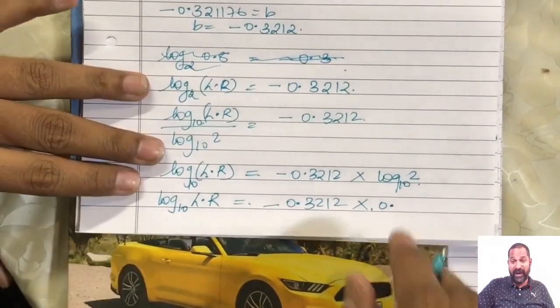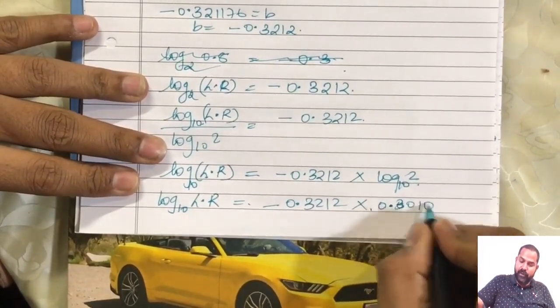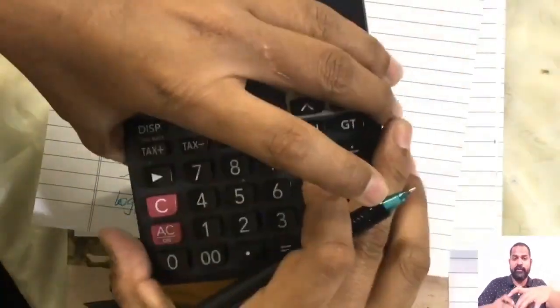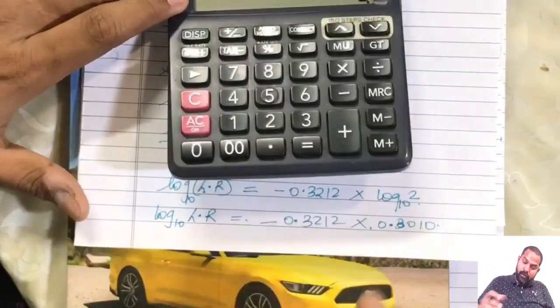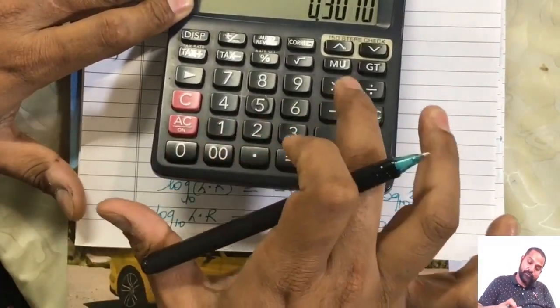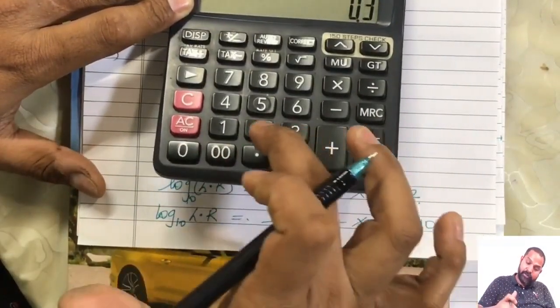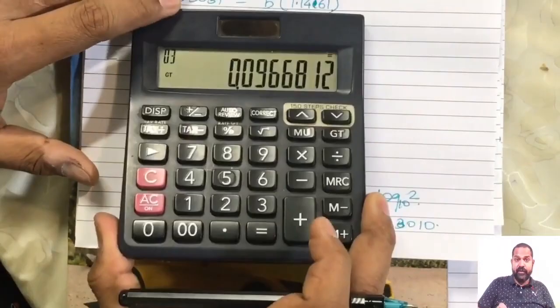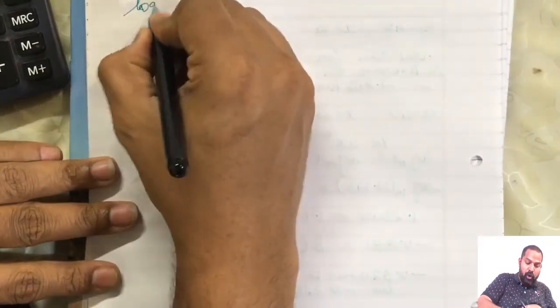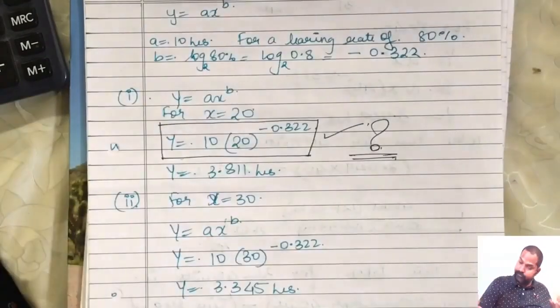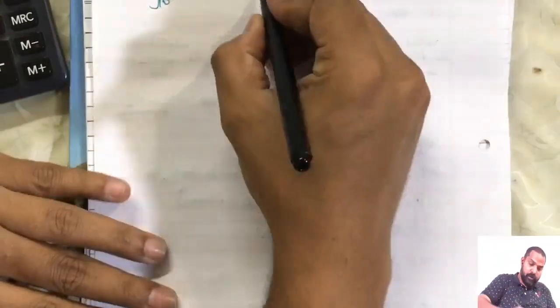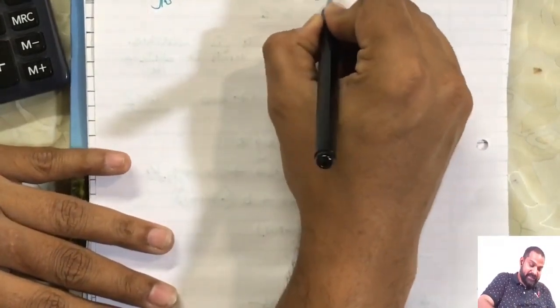I will look for 2, 0.3010. Multiply: 0.3010 multiplied by 0.3212 is a negative 0.096682. So log of the learning rate to the base 10 is a negative 0.09668112. Correct?